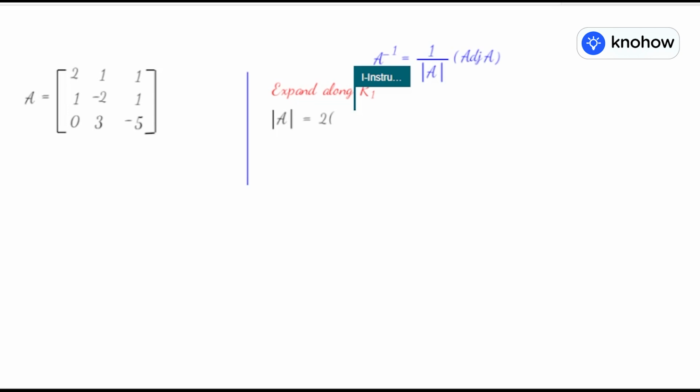Now 2 times, delete the row and column through 2, you get 10 plus 3, so you get 10 plus 3.